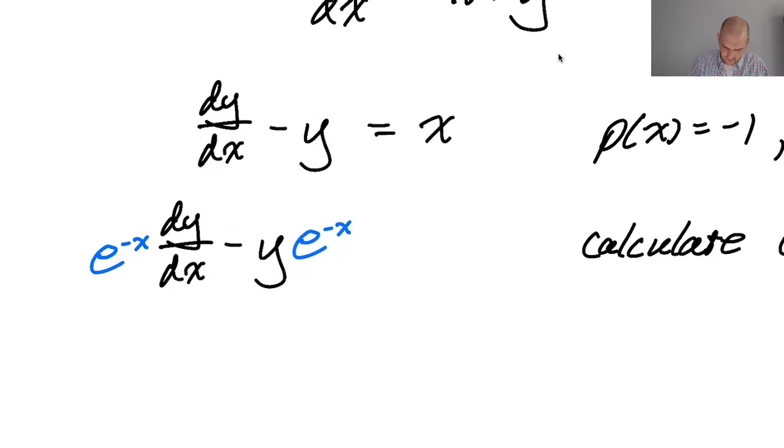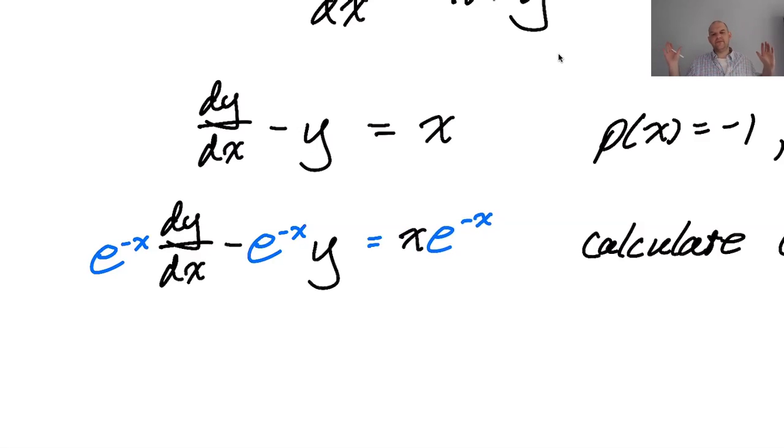Oh wait, now they're in the wrong order. It's not the wrong order, just not the best order. Equals, and on this side, we do it too: e to the negative x. I think the x should probably go first. So we're moving stuff again. Okay, whew, that's what we have.